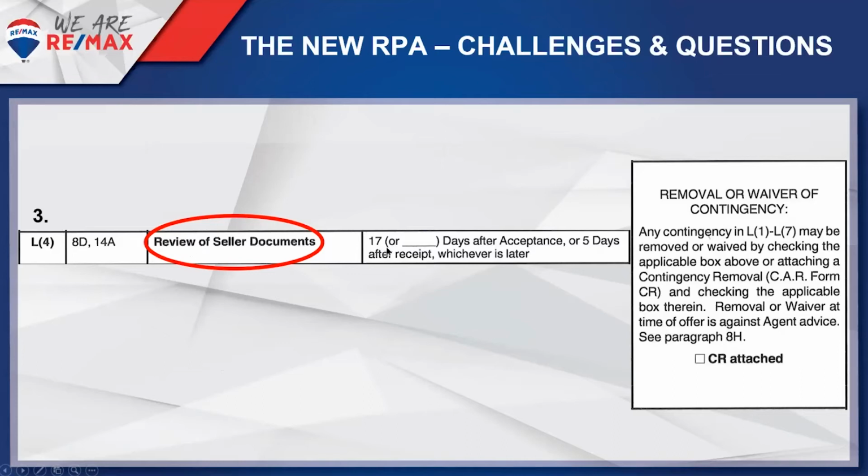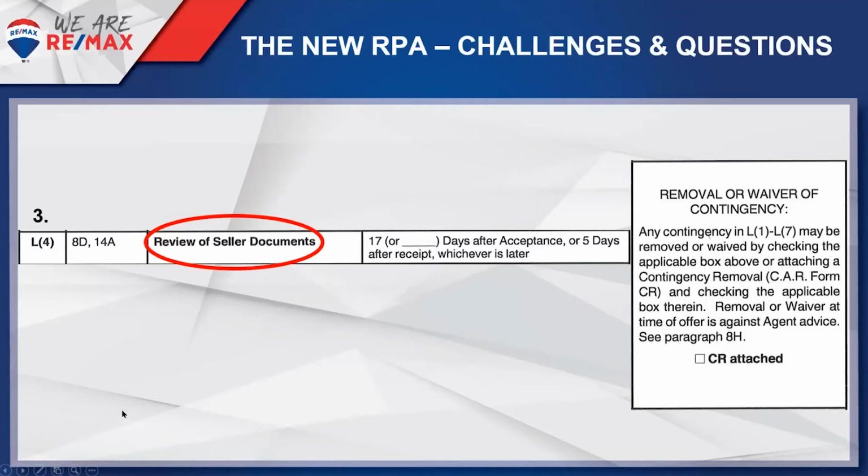But the buyer has 17 days to review seller documents after acceptance, or 5 days after receipt, whichever is later. Now, if they remove contingencies and then get the report, it does not reinstate the contingency. That's important to know. I've had buyers' agents tell me that since this is a separate contingency, even if we remove contingencies, if they give us the reports, then we get that back, right?